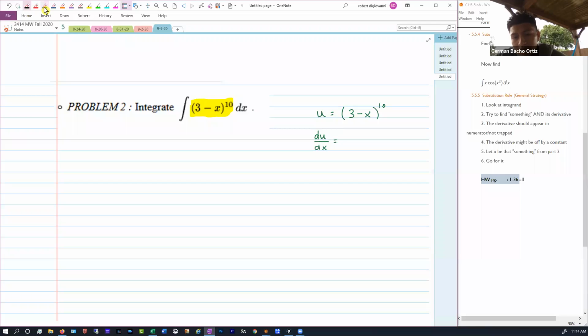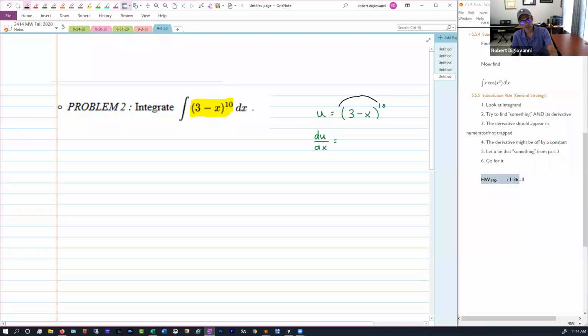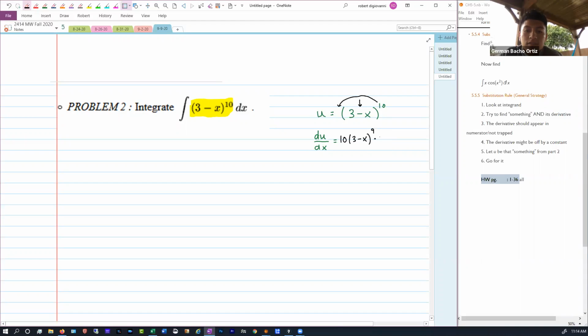Oh, so that 10 has to come down front. Yeah, 10 times 3 minus x to the 9th, chain rule times the derivative of what's inside. 3 minus x is -1, because the derivative of 3 is 0 and the derivative of negative x is -1, right?